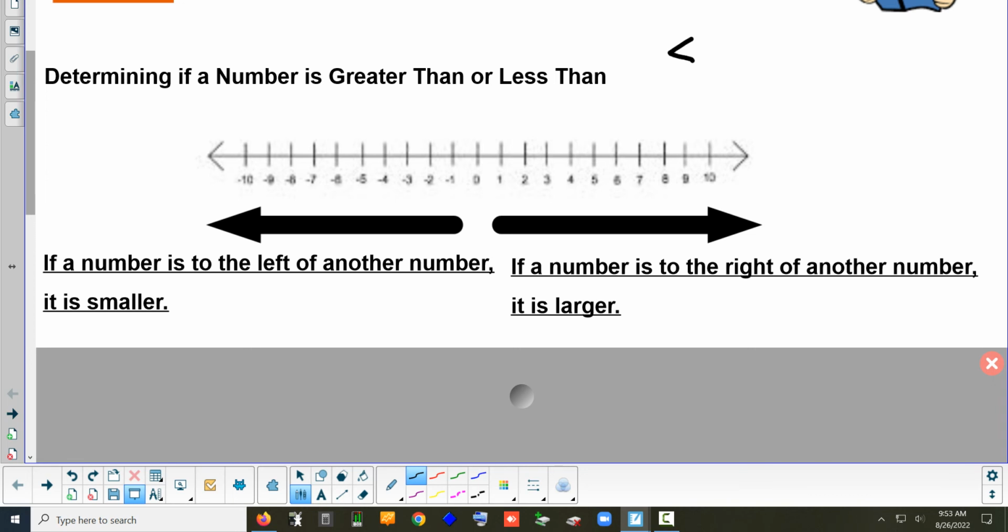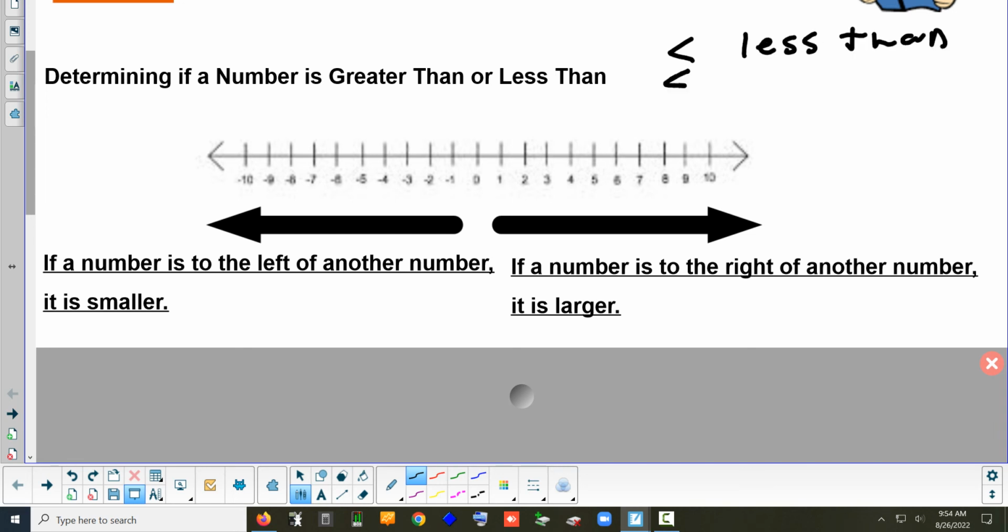Which one is that? What symbol is that? Not sure? You want to help her out? Yep, less than. That's your less than symbol.